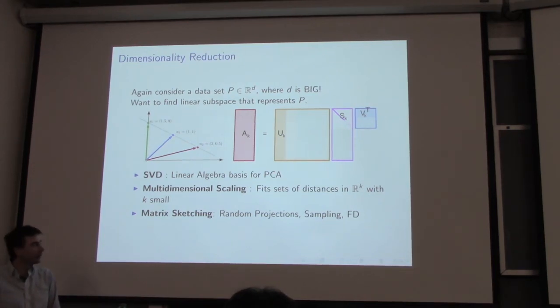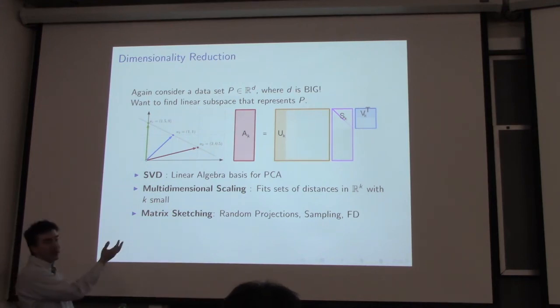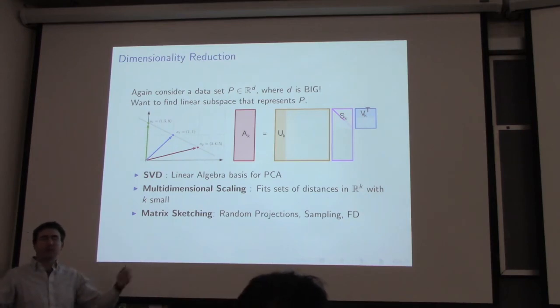And then we'll talk about some very large scale settings, how to do this in a stream or in other distributed settings, using these ideas called so-called matrix sketching. Thinking of your data set as a very large matrix turns out to be a really powerful abstraction.